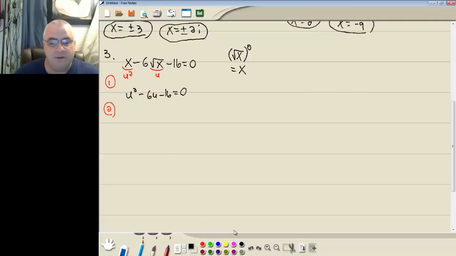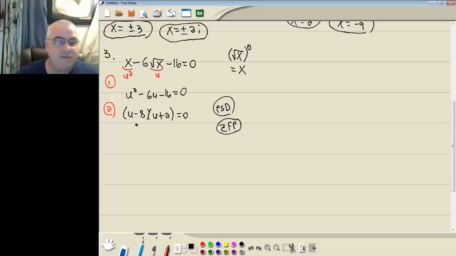Step 2, solve for U. Now this is again the PSD method, and it factors as (U − 8)(U + 2) = 0. Zero factor property. You get 0 on one side, you factor the other side, you set each factor equal to 0. So we get U − 8 = 0 and U + 2 = 0. And we get U = 8 and U = −2.